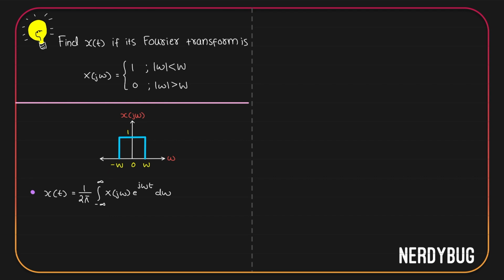We can just integrate from minus w to plus w. And between minus w and w, x of j omega is only 1, so we can substitute 1 for x of j omega. This simply becomes 1 by 2 pi integral from minus w to w 1 into e raised to j omega t d omega.